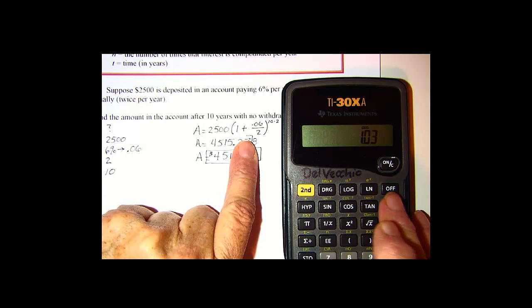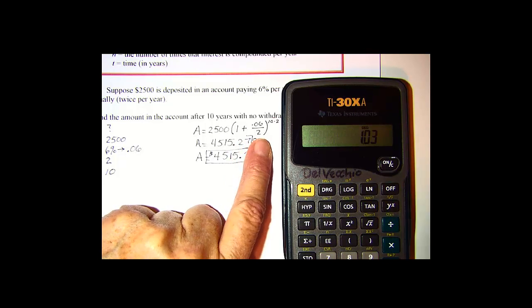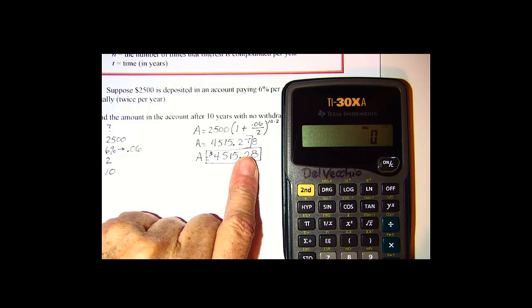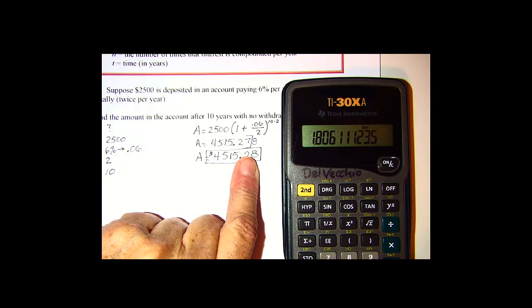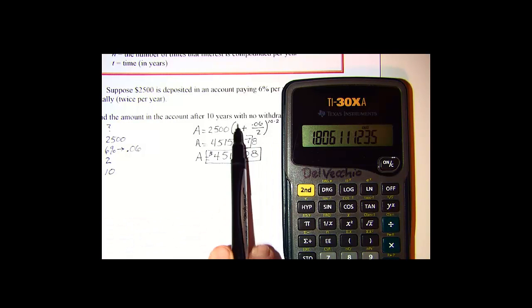Now I need to raise that, so I'm going to use the y to the x key, raise that to the 10 times 2 power, open parentheses, 10 times 2, close the parentheses, so there's my exponent, and then hit equal. This 1.8 is the quantity right here that's going to get multiplied by the 2500.